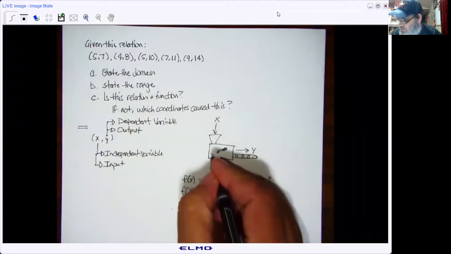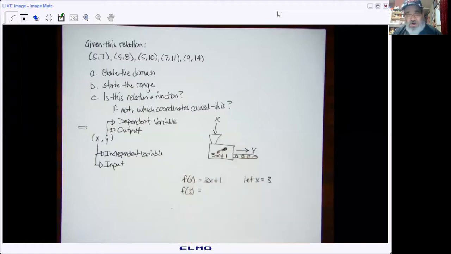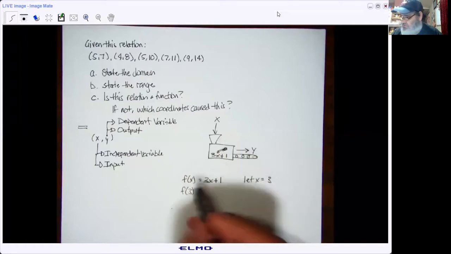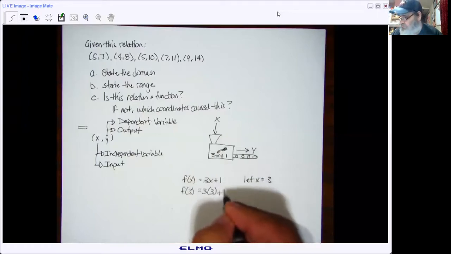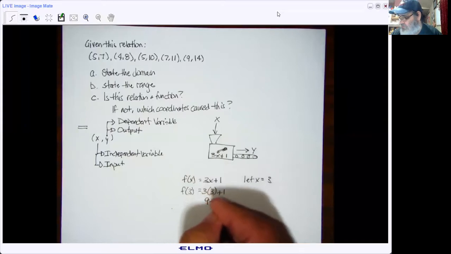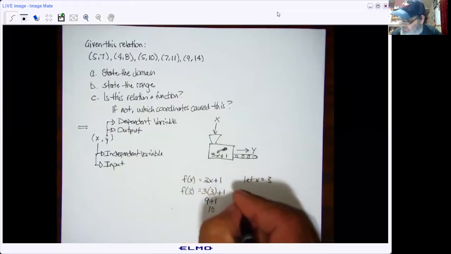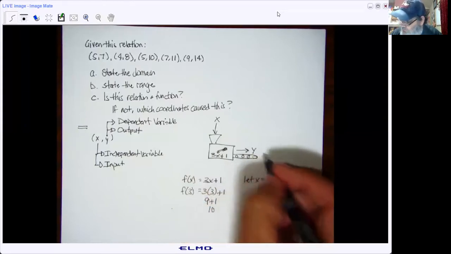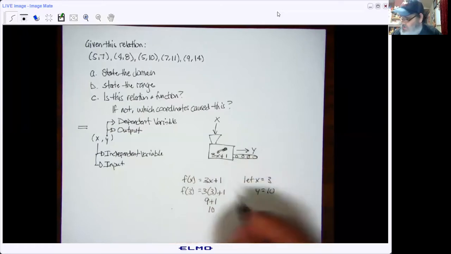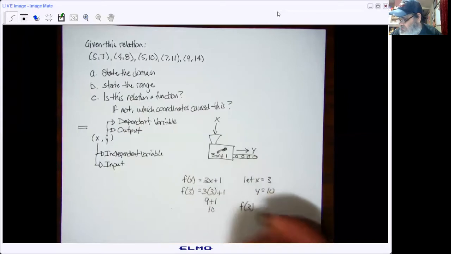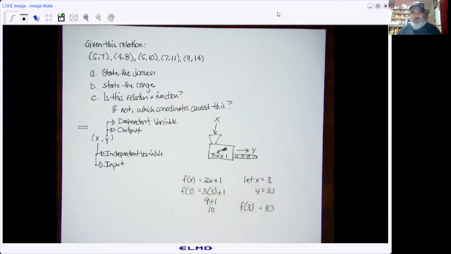Well, here, this is our 3x plus 1. So this 3 is going to replace the x, plus 1. That's going to give us 9 plus 1, 10. So the output here, y, has to equal 10. So f of 3 in this case equals 10.